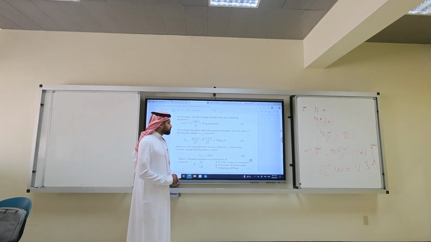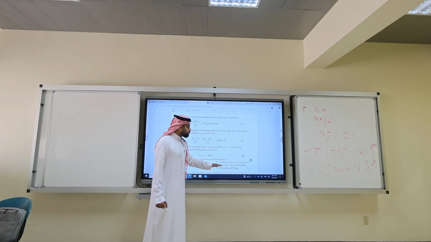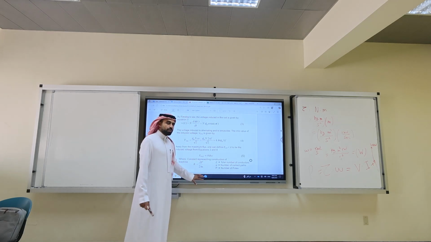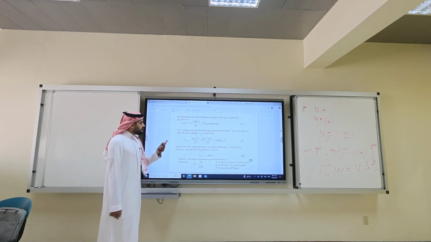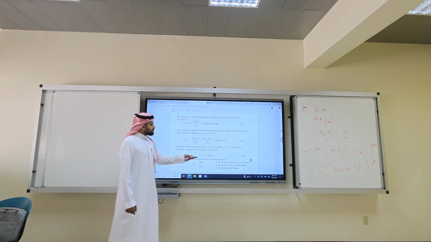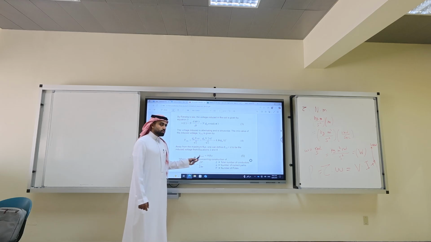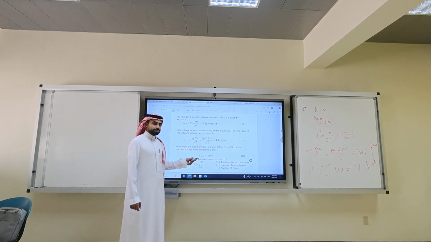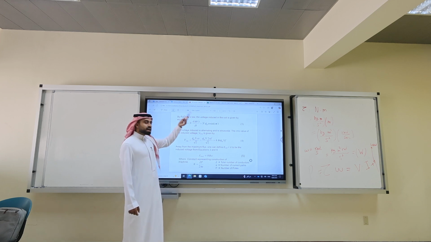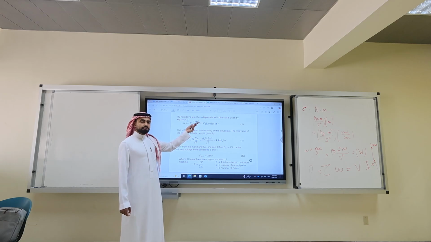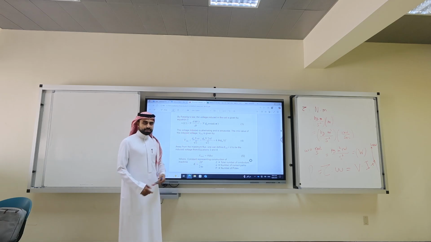Total number of conductors, number of current paths is A, P is number of poles. We'll talk about it later. The key here I want you to know is the flux, if it's constant, the induced voltage will be constant. But because I'm moving, the flux appears to be rotating in time. Don't confuse the two things.